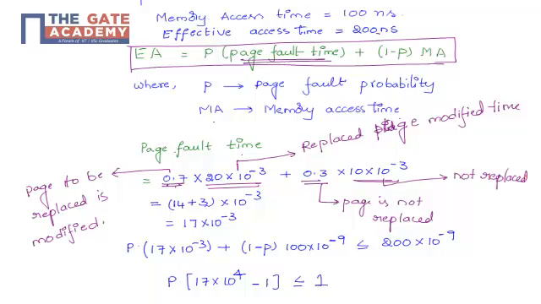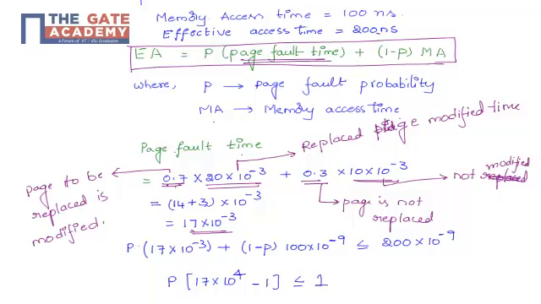In the problem it is given as 10 nanoseconds it takes to service a page fault if an empty page is available or the replaced page is not modified. So if you calculate this one, you will get it as 17 into 10 power minus 3.